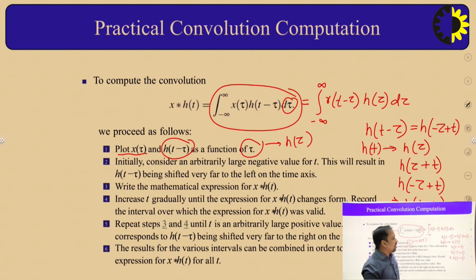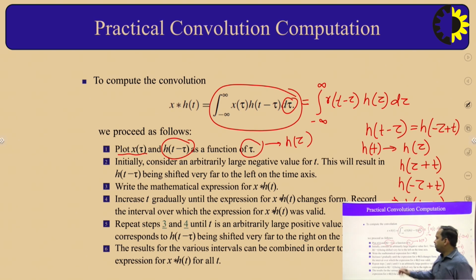First we have a change of variable. After that we have time shifting, and after that time reversal. These are the steps used to plot h of t minus tau. Once we have the plots of x of tau and h of t minus tau, we multiply these signals and find the area under the curve.